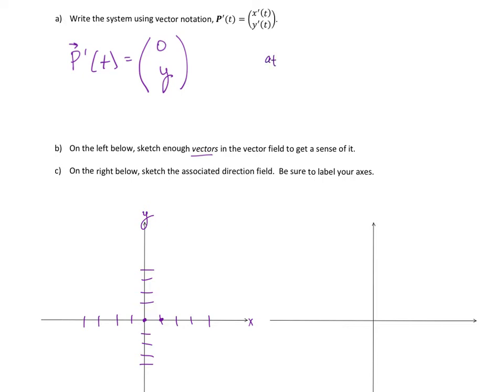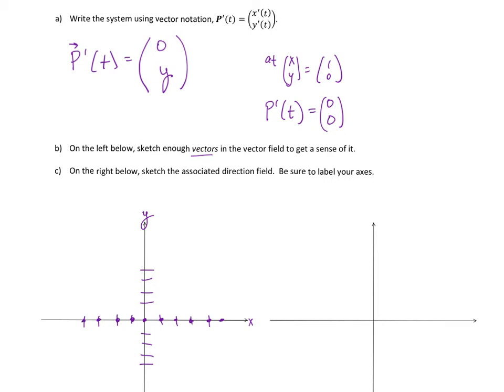So at x, y equals 1, 0, my vector P prime of t is always 0 for the first entry, and y is 0 also. So all along the x-axis, the vector is 0, 0, just points.